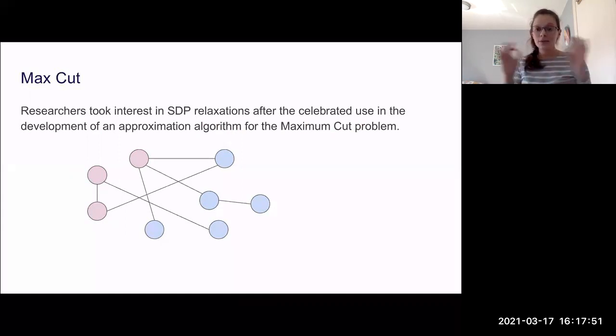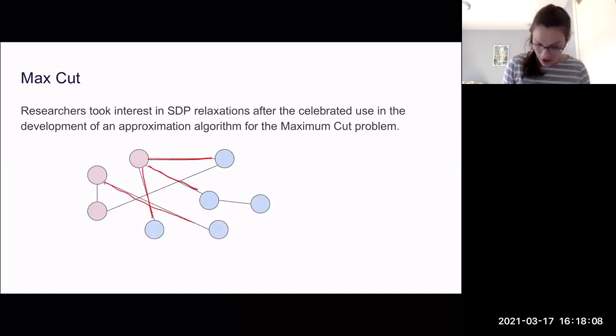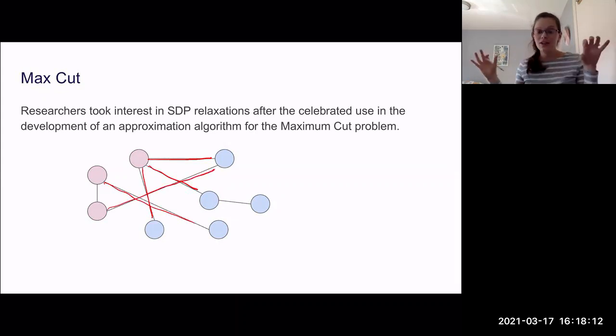And the idea is that we want to split the nodes into two sets so that we maximize the weight between those two sets. So if I look at the pink and the blue, and I put a weight of 1 on all of these edges that I've drawn here, then I would get a weight of 5 edges being across the cut. So those are the 5 edges that I've cut by putting the vertices into these two sets.